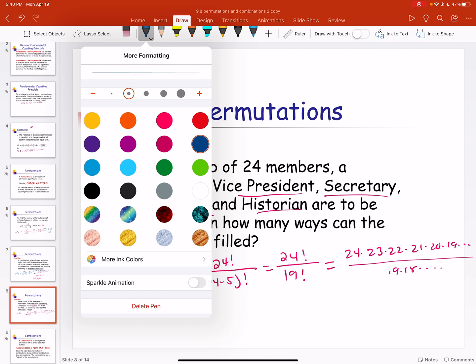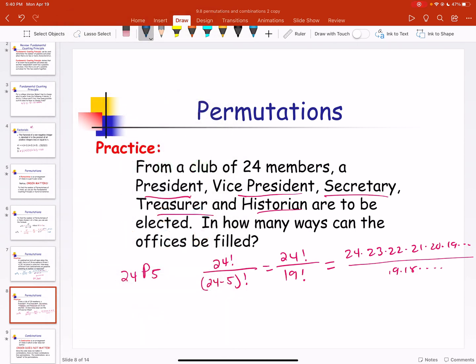So we're multiplying. We can cancel out the 19 and we can cancel out the 18. So the number of combinations is going to be found by multiplying 24 times 23 times 22 times 21 times 20.